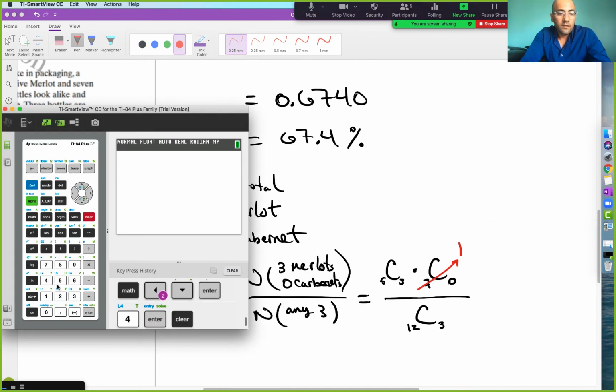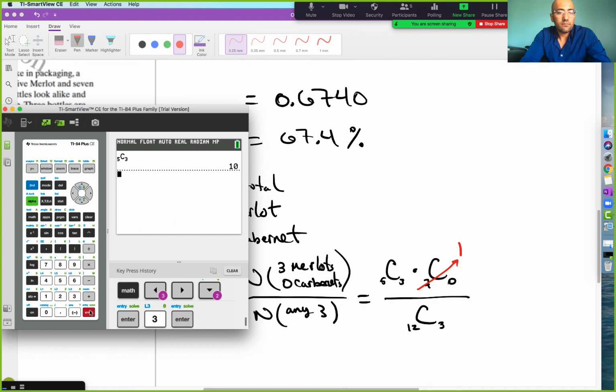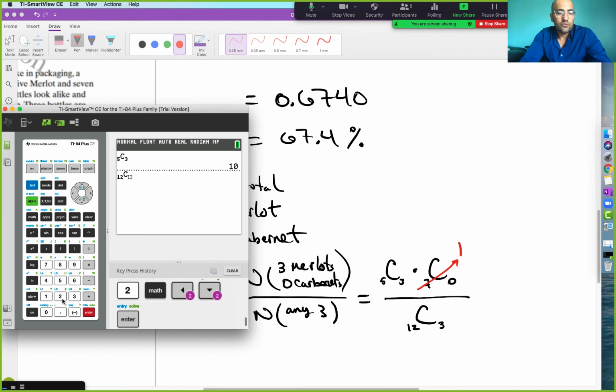That's going to be 5 math combinations choose 3, which is 10. And then the denominator is 12 math combinations choose 3, which is 220. Okay, 10 and then 220.